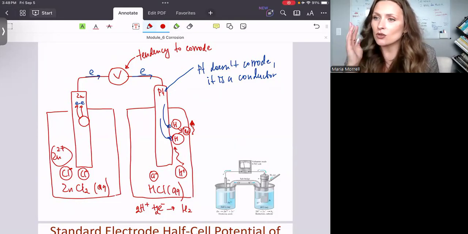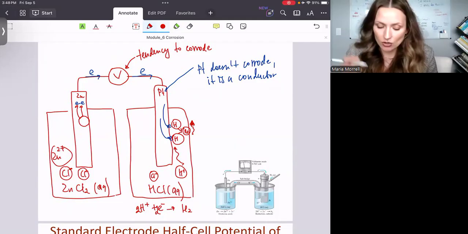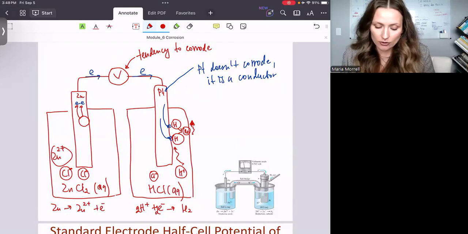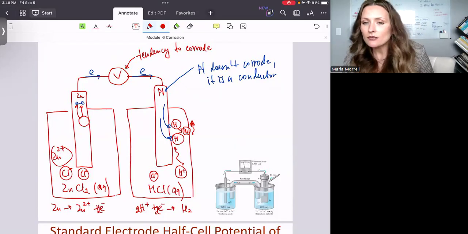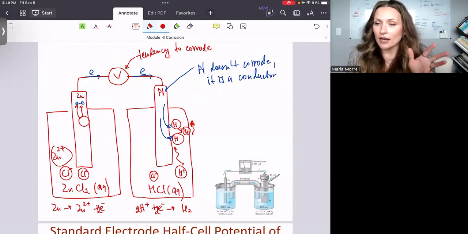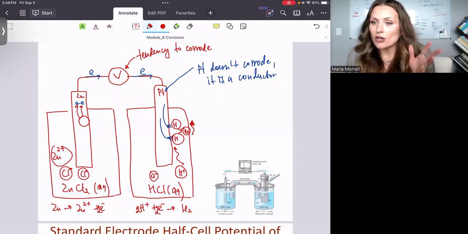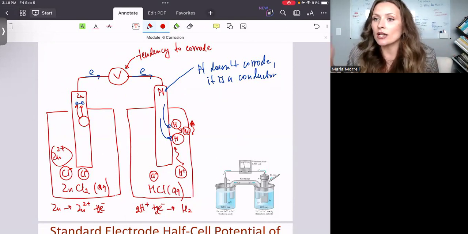I go from zinc to aluminum to potassium and so on and so forth. But for this specific example, I will have my zinc that actually dissolves into ions, right, and releases 2 electrons, okay? So on the left-hand side, I'm actually looking at my oxidation reaction, right? And on the right-hand side, you have your reduction reaction.